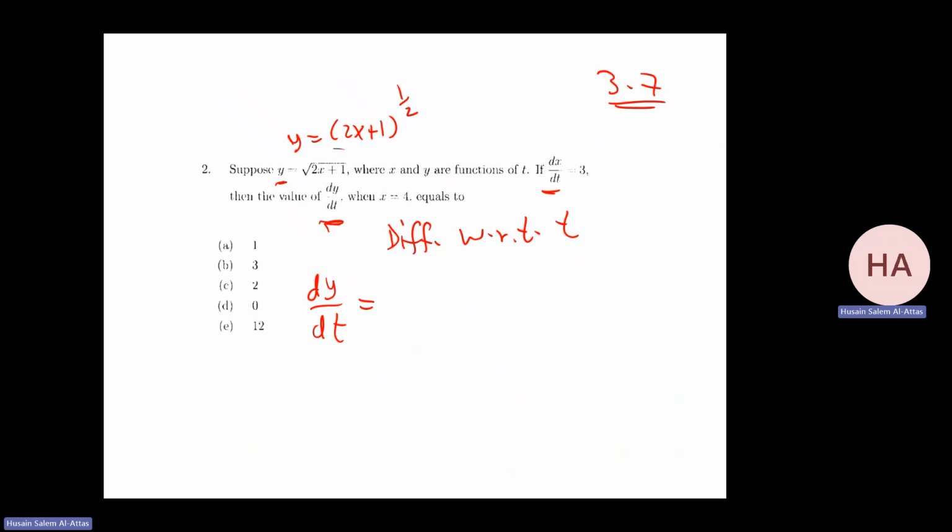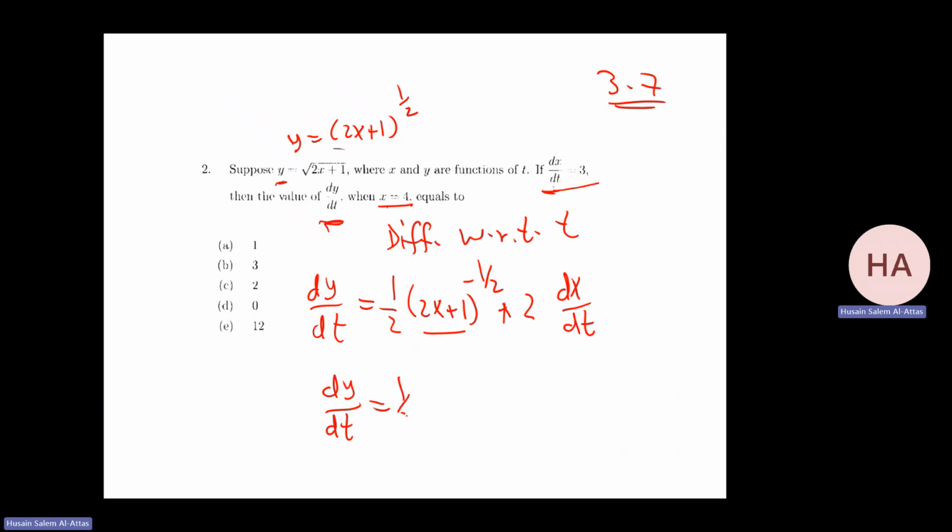So I have something to the power half. That will be half, 2x plus 1 to the power minus half, times derivative of this. Don't forget, I need the derivative in terms of t. Because of that, that will be 2 dx by dt, since I'm doing the derivative with respect to t, not with respect to x. Done. So now, what I want to find is dy over dt. I have x equal 4, and dx over dt equal 3.